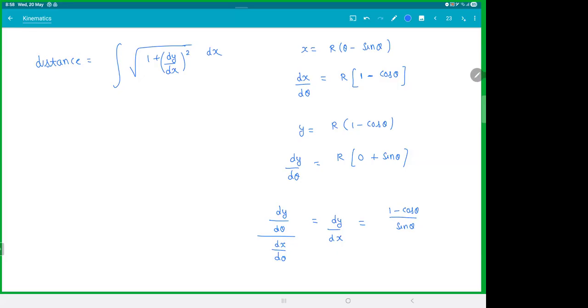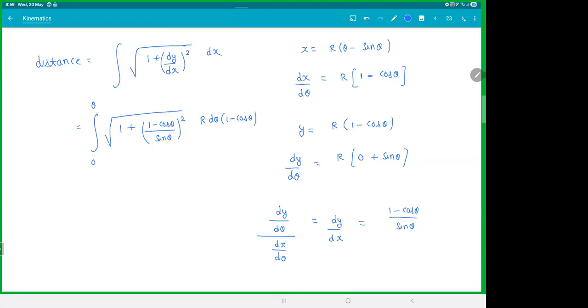There, we got dy by dx. And then we got dx also from here. Substitute everything here. So root over 1 plus dy by dx whole square is 1 plus sine theta by 1 minus cos theta, whole square. Yeah, it looks a little big, but let's see. And what is dx? Remember, dx is r into d theta times 1 minus cos theta. Perfect. Limits will go from 0 to theta.